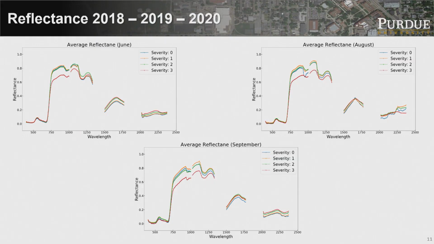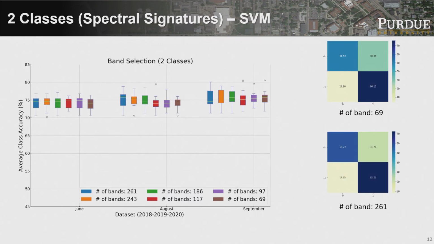We captured it at 3 different time points, June, August, and September, to try and capture some seasonality in these responses. We then ran it through a very basic machine learning algorithm, and we got pretty decent classification results. I'm showing you guys the two-class classification results simply because there's a lot more to it, and there's only 15 minutes. But we got really good classification.